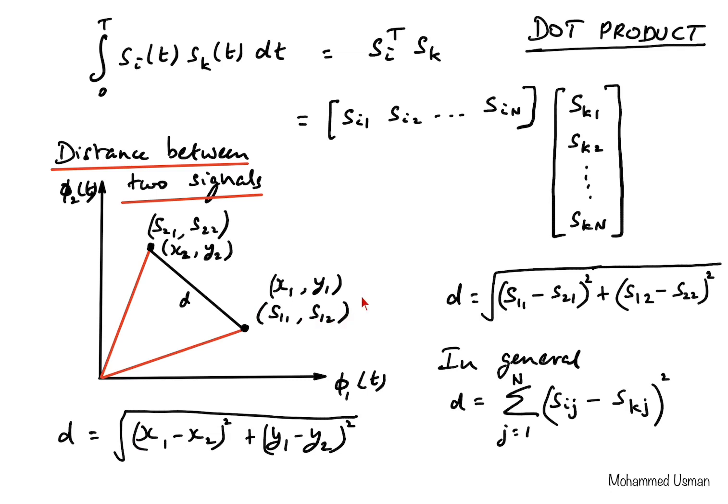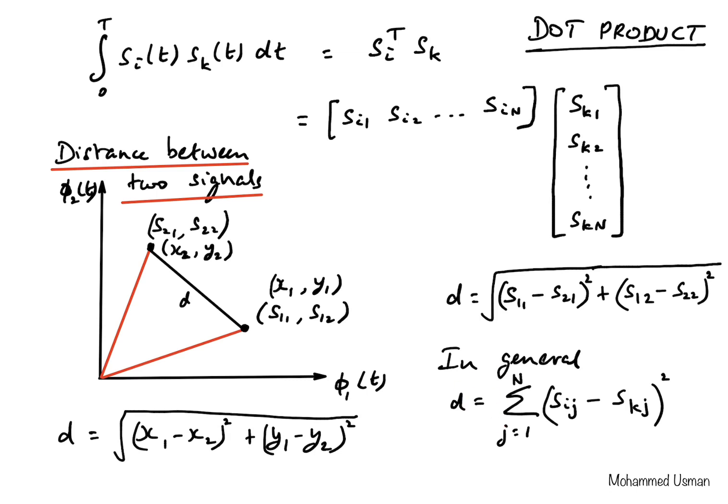If we have the signal represented in multiple dimensions, 3 dimensions or 4 dimensions, or in general n dimensions, then the general expression for the distance will be given by the square of this. So we'll see, and we need to take the square root.